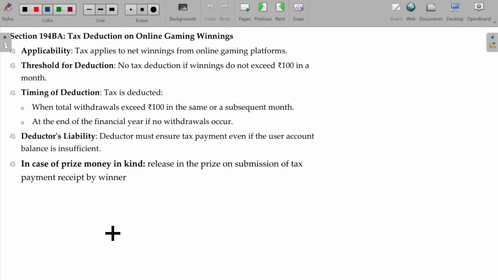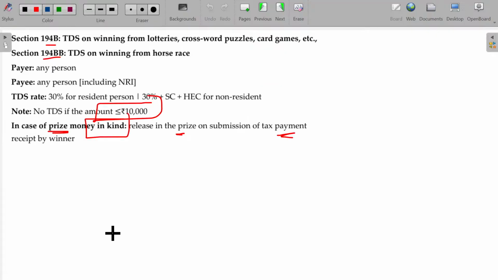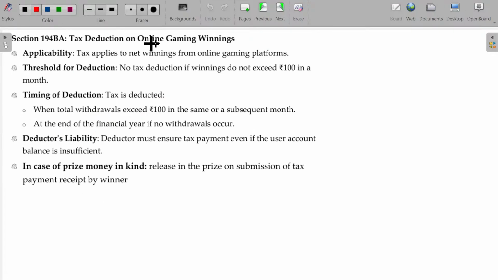Now 194B. So BA I missed. BA is also about winnings. BBA, BB, this is all about online gaming. The threshold limit in this case is only 100 rupees. There 10,000, here 100 rupees.